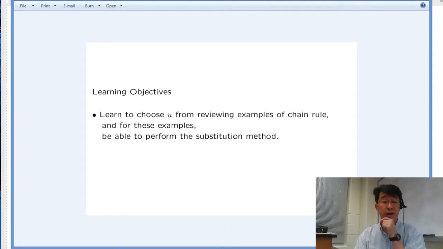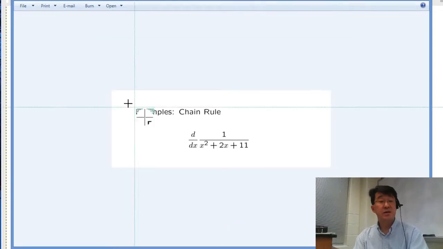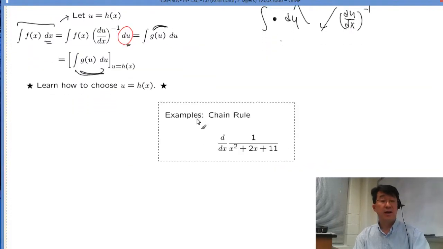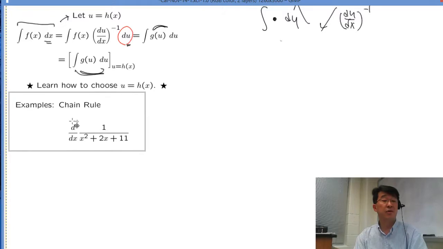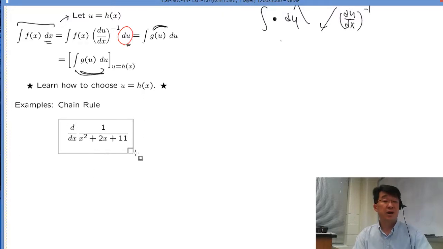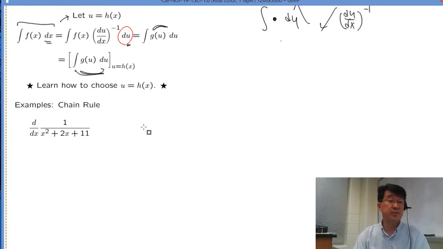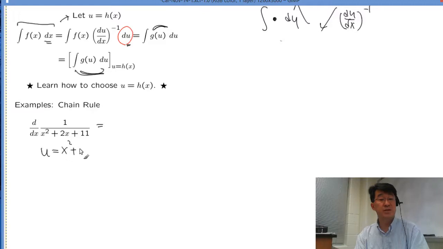So we can look at these examples of the chain rule and cheat from there and have an idea about what u should be for the integral example. Let's do this derivative. It's not an integral. So what is your choice of u when you differentiate this one? u is going to be x squared plus 2x plus 1, right?